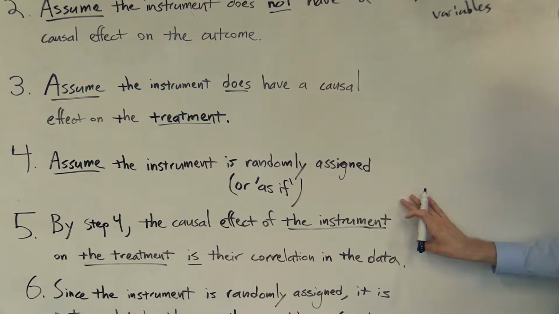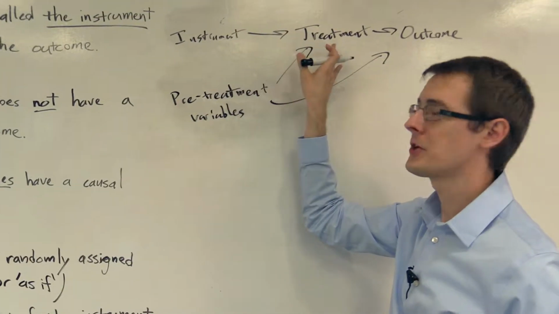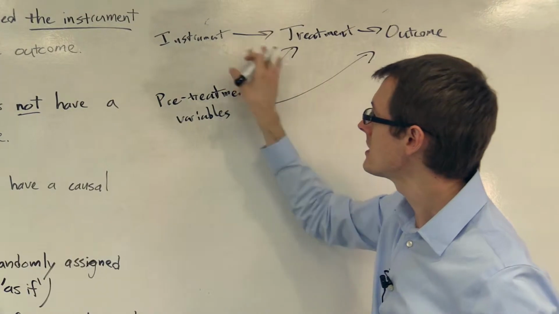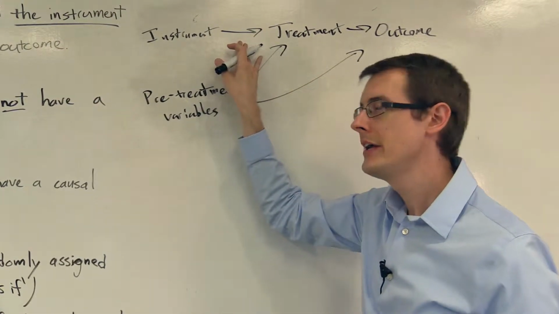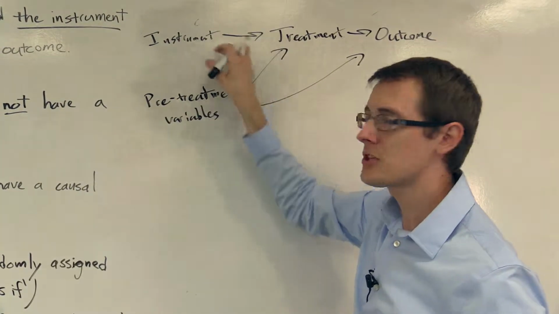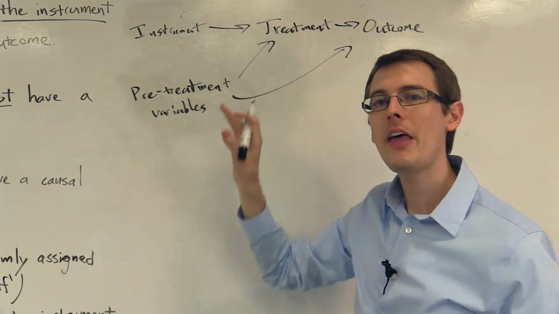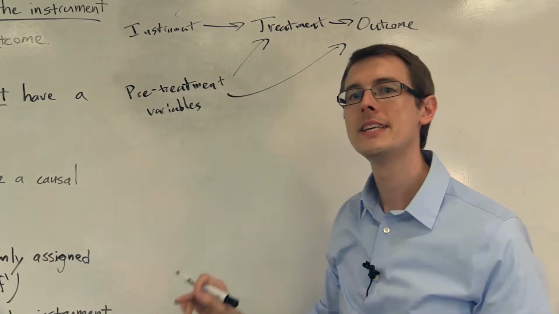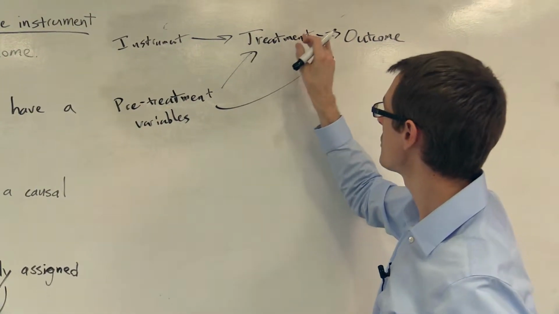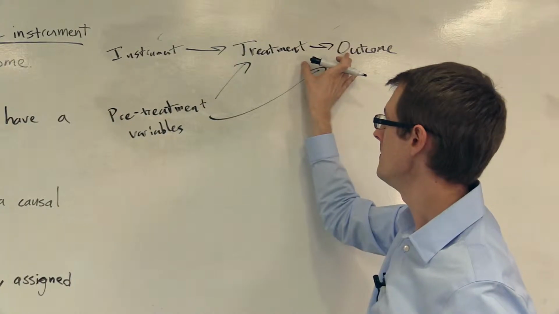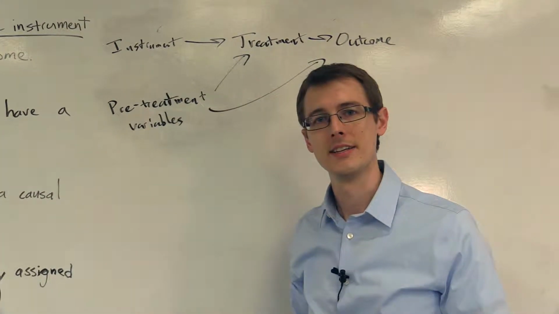Because the instrument is randomly assigned, all we have to do is look at the correlation between the instrument and the treatment in the data, and that's going to tell us what this first arrow is, because that's just an ordinary experiment. So once we do that, we know what the first arrow is, we know what the combined effect of both arrows is, and that information alone is enough to deduce what this last arrow is, just the effect of the treatment on the outcome. And that is the essence of instrumental variables analysis.